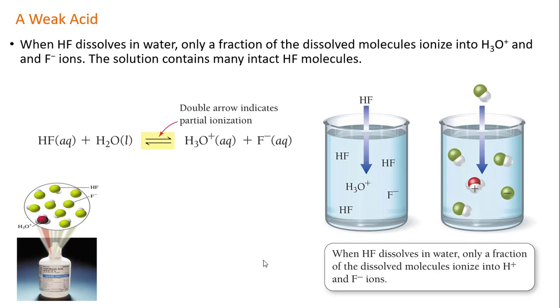So for a weak acid, when hydrofluoric acid dissolves in water, only a fraction of the dissolved molecules ionize. That's because it has a stronger attraction to itself than it does to the water. So very few ions will come off. And as more come off, they will start colliding with each other, and then it will start a reverse reaction.